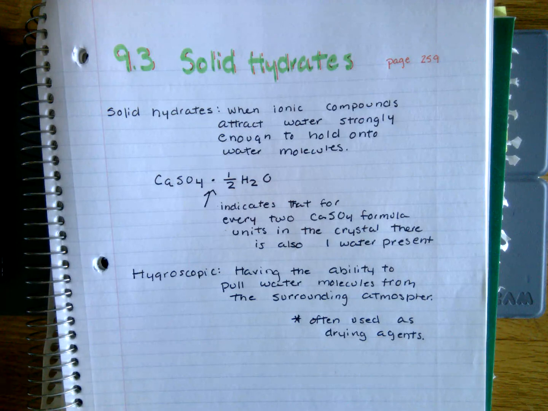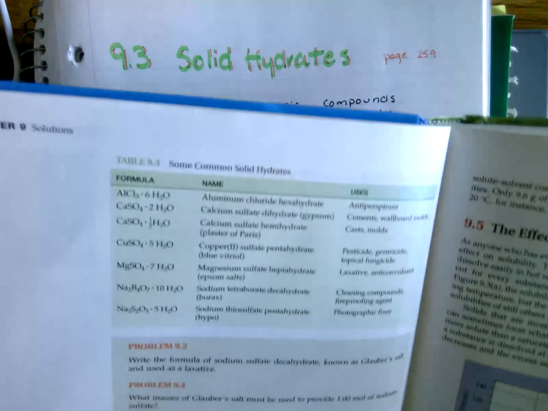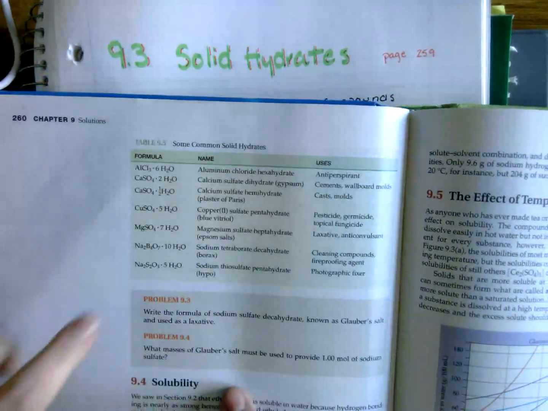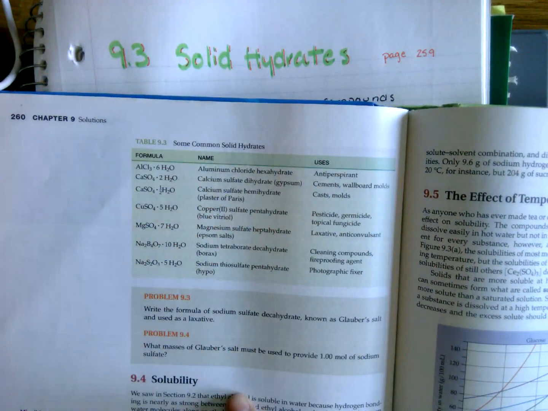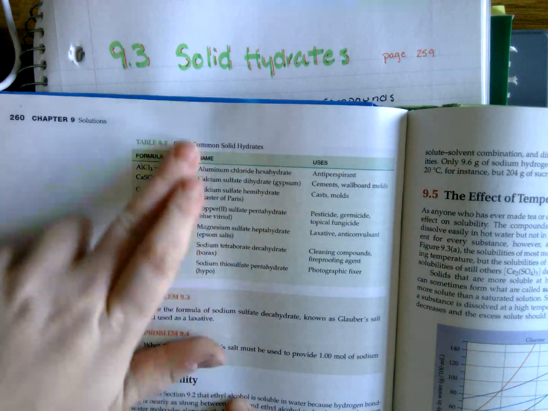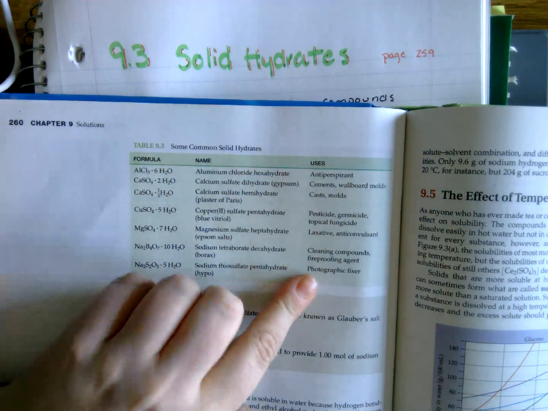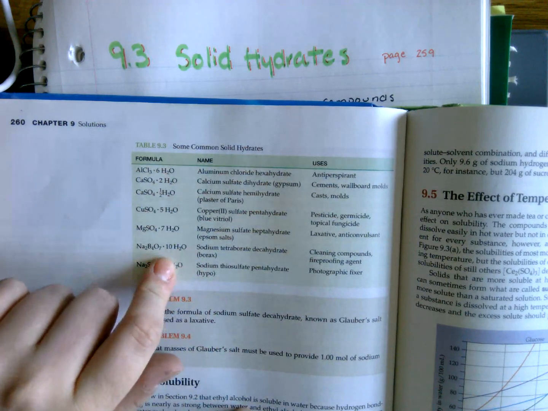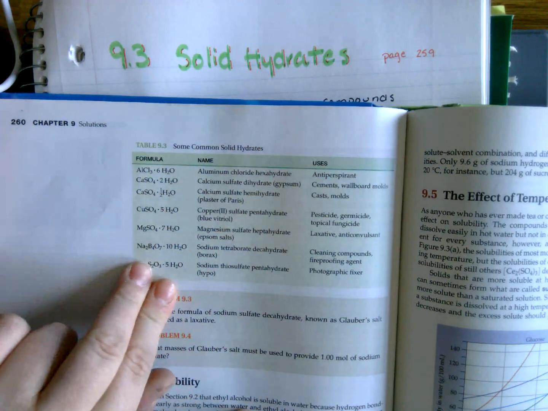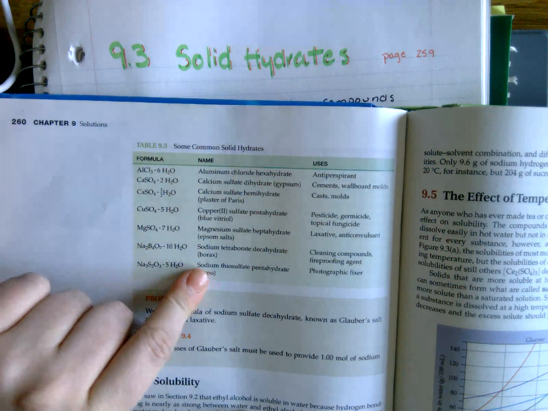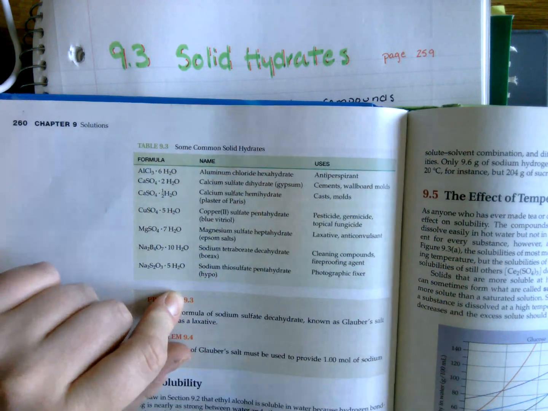So the next thing that you need to know from this section is this table in your book right here, which gives you the common solid hydrates, their formula, the name, and their uses. So if you will pause the video right now and check this out and copy this down in your notes, that'll be a great idea.